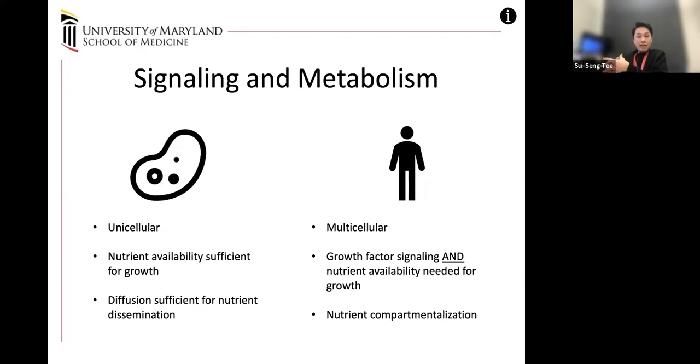But if you are multicellular and you're a metazoan, then you need some level of control to divide the nutrients to different tissues and organs. And of course, different tissues and organs have different nutrient demands. And through different states of physiology and pathology, these demands change as well.